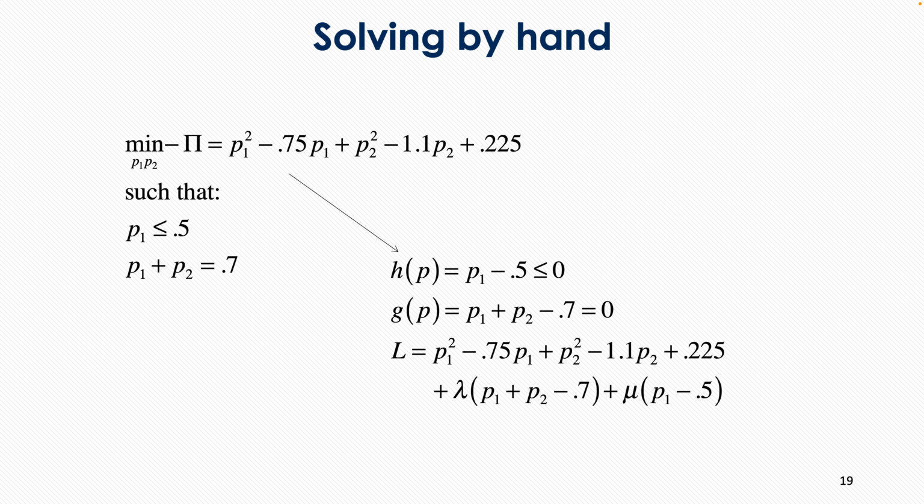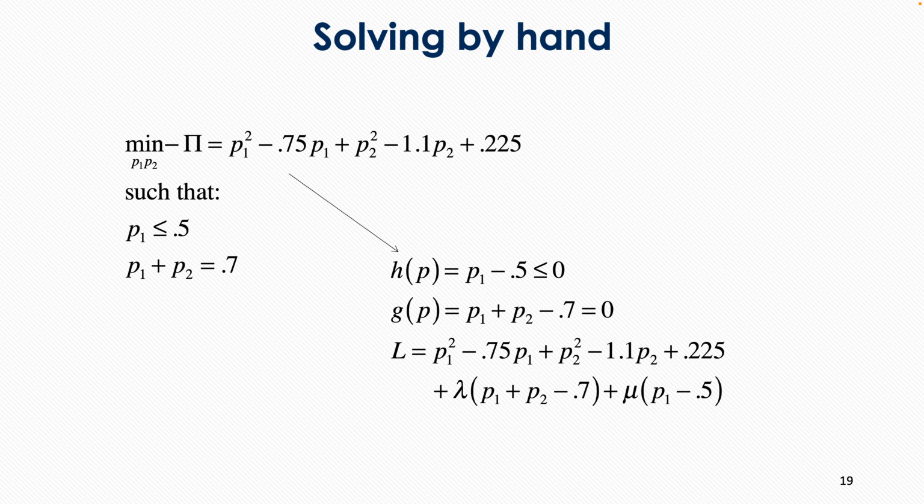Now I set up my constraints, where I have my equality constraint as G of P, and my inequality constraint H of P, so that's P1 minus 0.5 is less than or equal to 0, and P1 plus P2 minus 0.7 is equal to 0. So this is the form of my constraints in the negative null form.